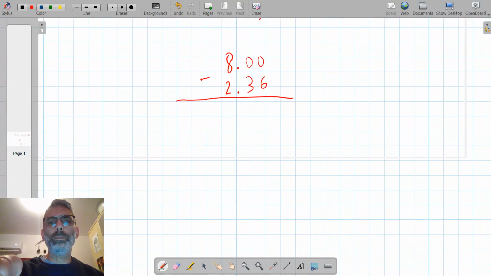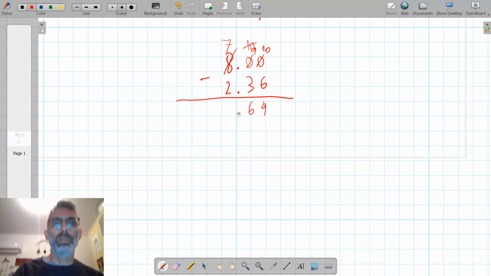Okay, so this 8 whole becomes 7, and then I have 10 tenths, and the 10 tenths becomes 9, and then 10 hundredths. 10 hundredths minus 6 is 4, 9 tenths minus 3 is 6, and 7 wholes minus 2 is 5.